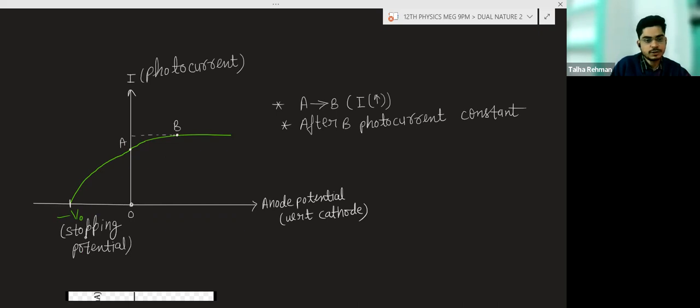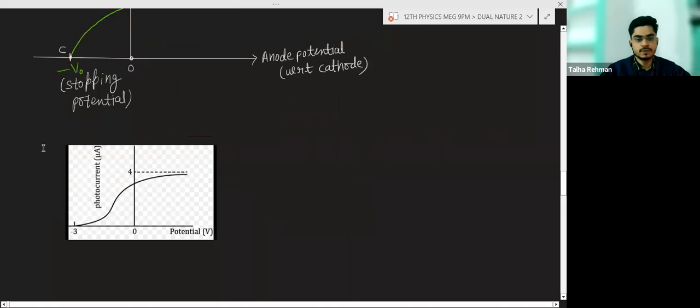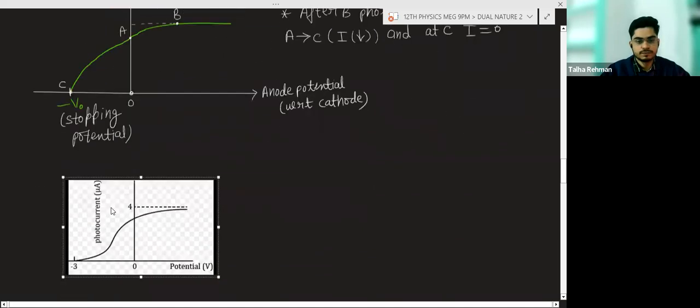So from A to C, suppose this point is C, photocurrent is decreasing, and at C photocurrent will become 0. So this graph is exactly like this if you draw it.